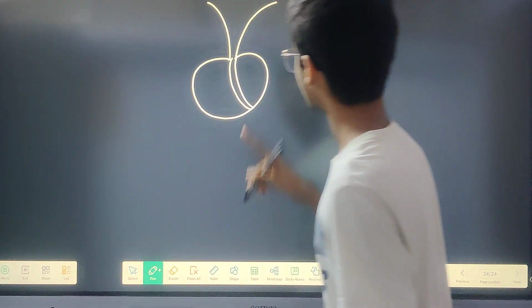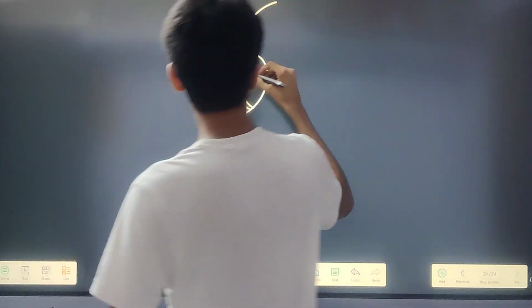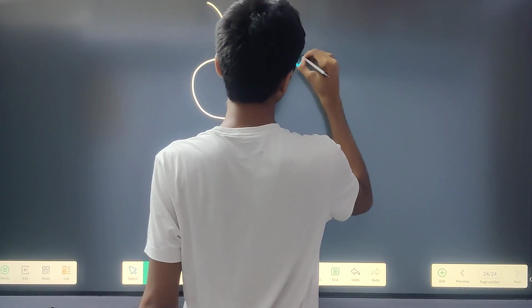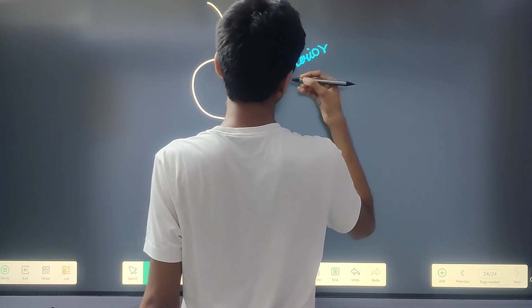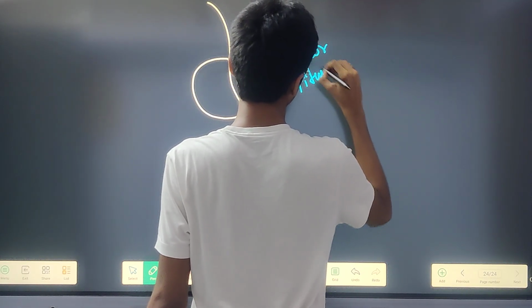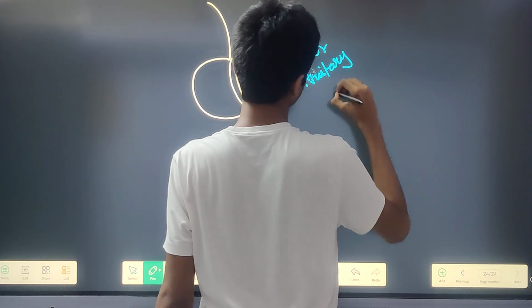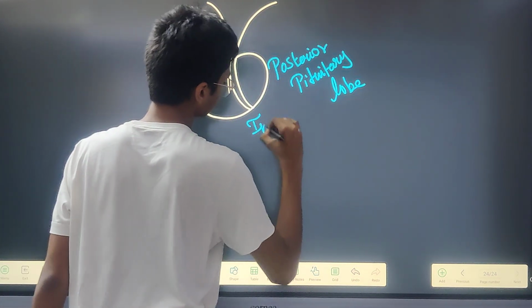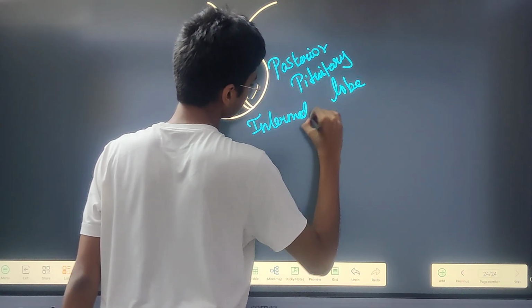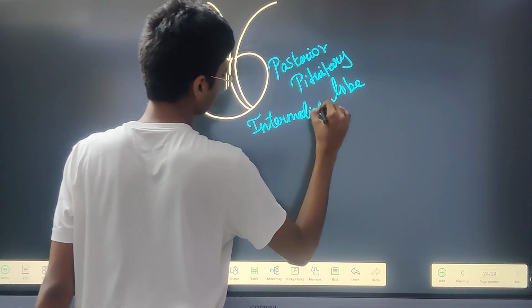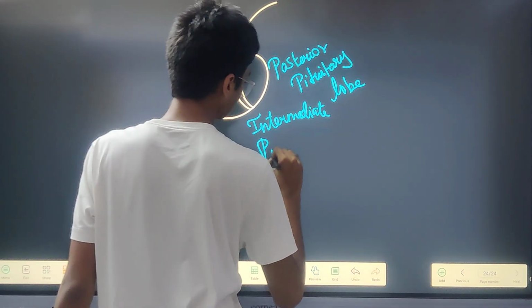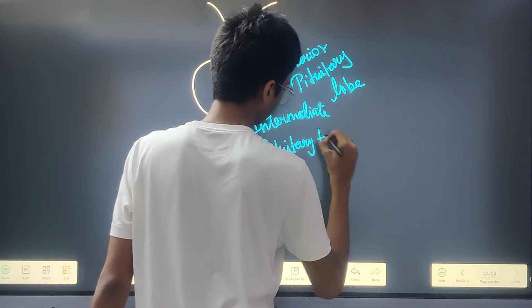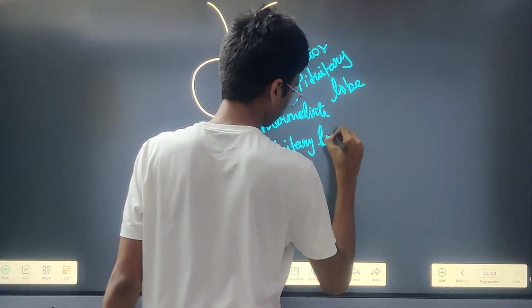As I said, this is your posterior pituitary lobe. Here it is the intermediate pituitary lobe.